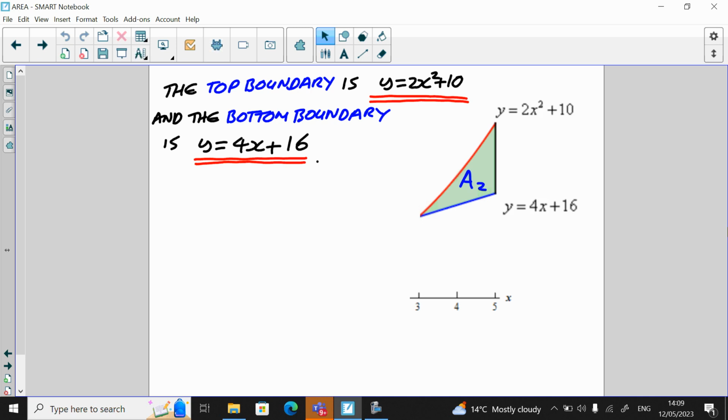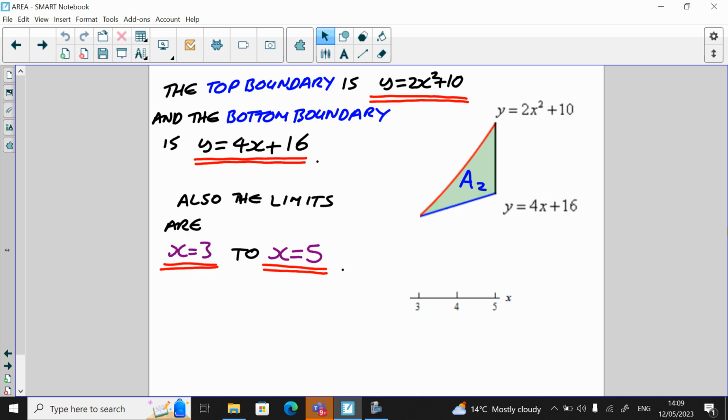Right, that's okay. So we just need the other two, and they are the limits, the x values, extreme left value, extreme right value. So x is 3 to x equals 5. So we've got our 4 components here that we need.